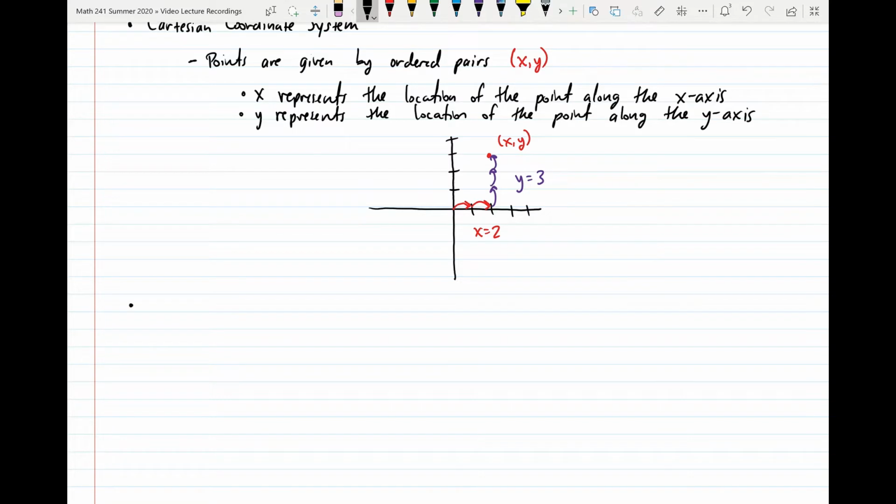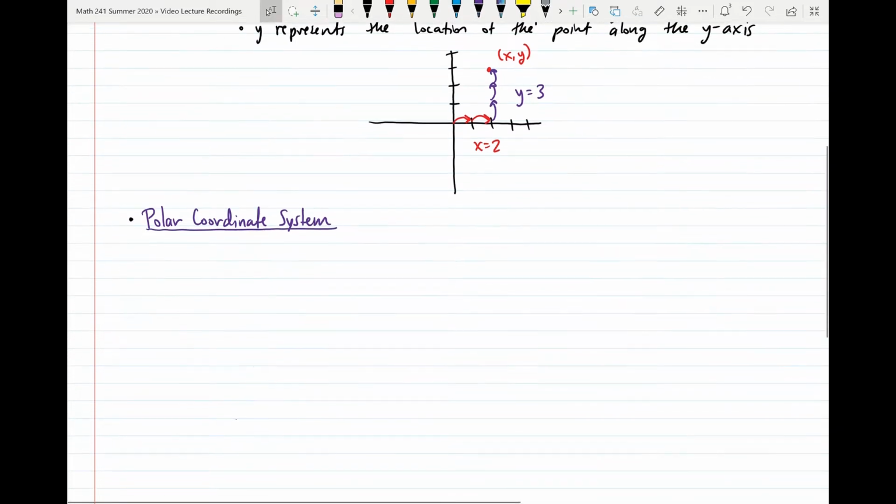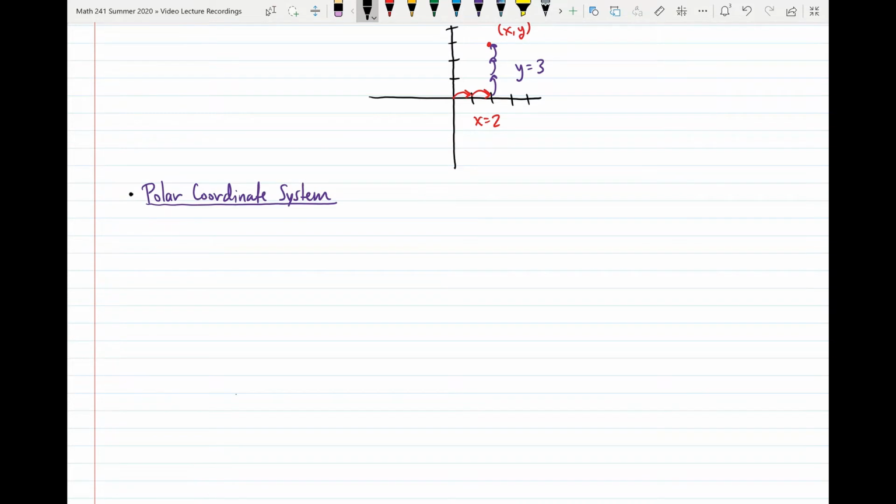One other way, although there are a bunch of different ways, is called the polar coordinate system, which I will underline because this is more of a new concept. And in the polar coordinate system, points are still represented by ordered pairs, but the ordered pairs are typically denoted (r, theta).